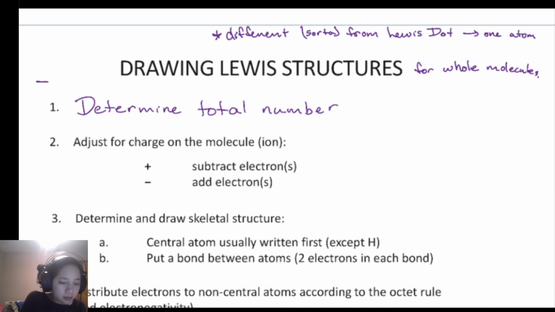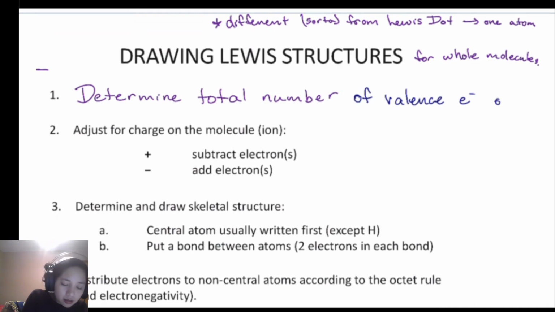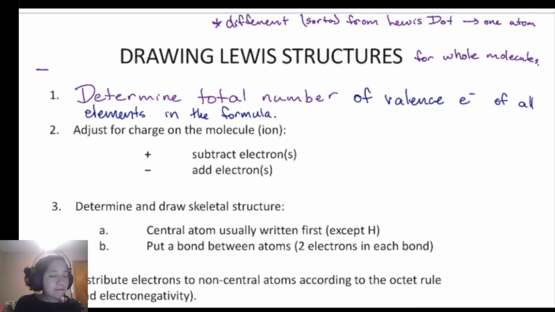So the first step, probably the most important one, is first to determine the total number of valence electrons of all elements in the formula. All right, and again, this is for only the valence electrons.